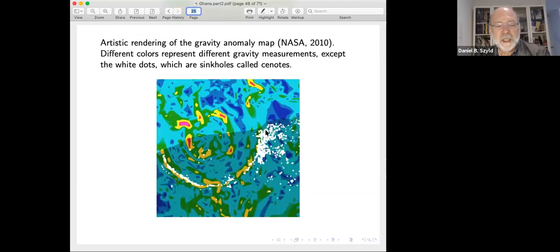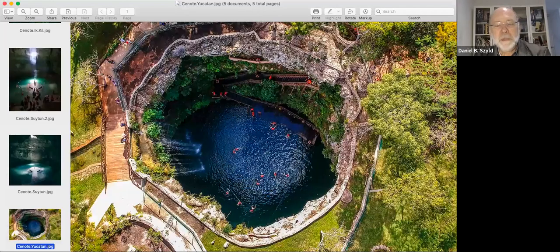Here's a picture, and all these white things are these sinkholes. And if you never saw one, let me show you some pictures of what they look like today. So this is a picture I took from Instagram.